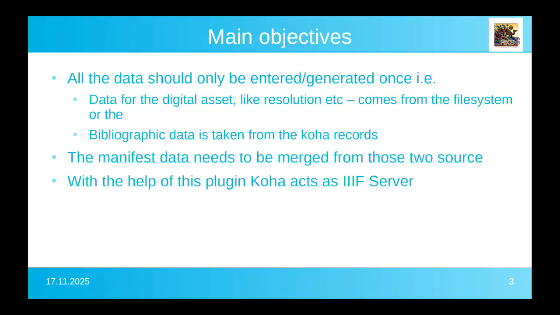That's the main point. In this case, you could use Koha just as the IIIF server. It's nice that you can display it in the OPAC, but you wouldn't need that. So you can say, okay, I have my data, I have my digital assets, I have my cataloging data, and Koha just serves as a IIIF server, merging those two different data sources.